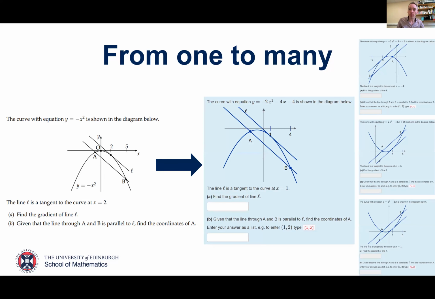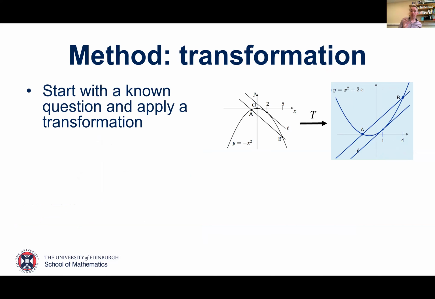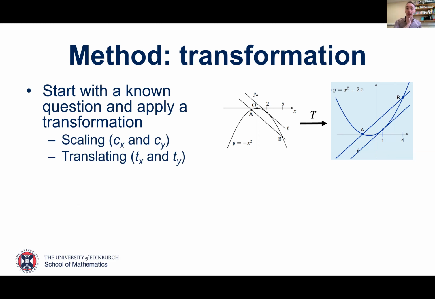question. So the way to do that is to start with this known question and then simply transform everything that appears in the picture to get your randomized version of it. So you can apply scalings, so dilating the axes, so shrinking or expanding, and also translations, so moving left and right and up and down.